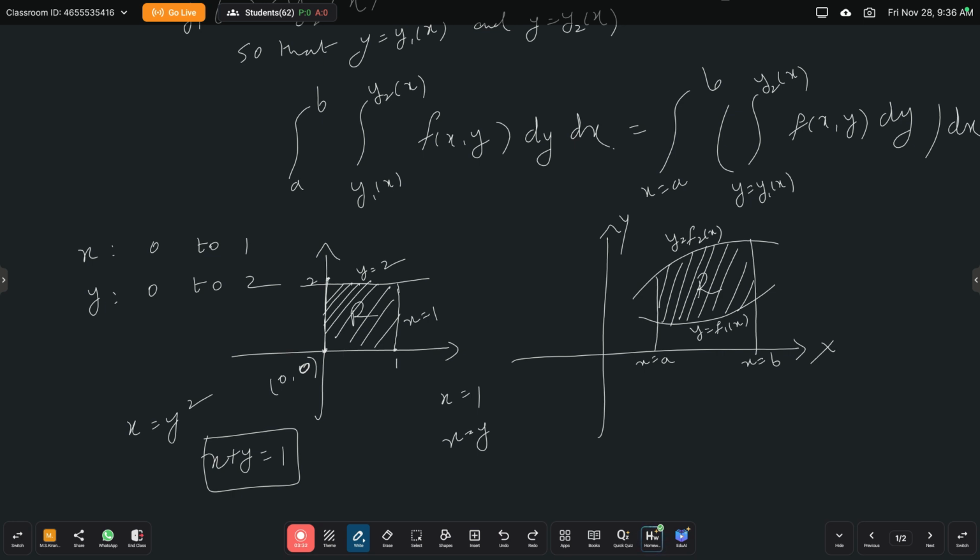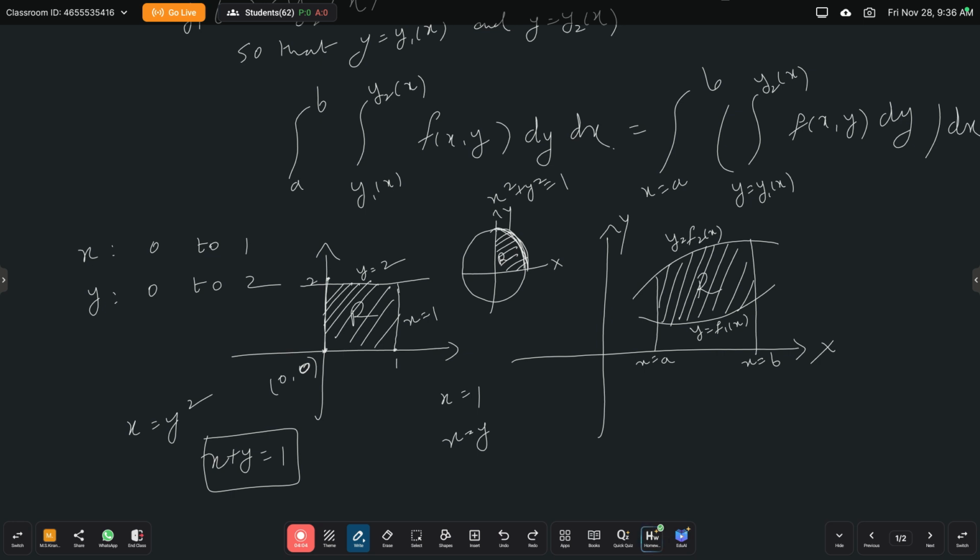Going to the circle, what is the circle equation? We know that x square plus y square is equal to 1, or r square. For example, I need to find the integration only for the part of the circle in the first quadrant. This is our region.